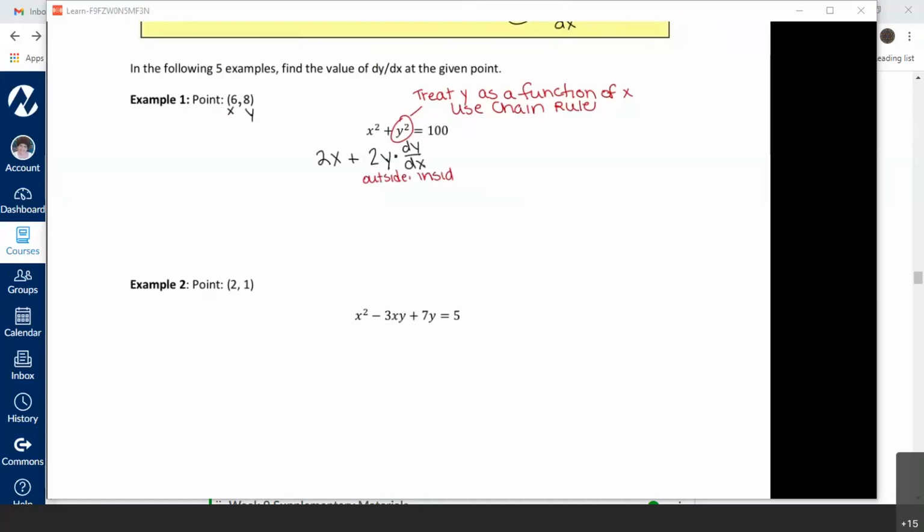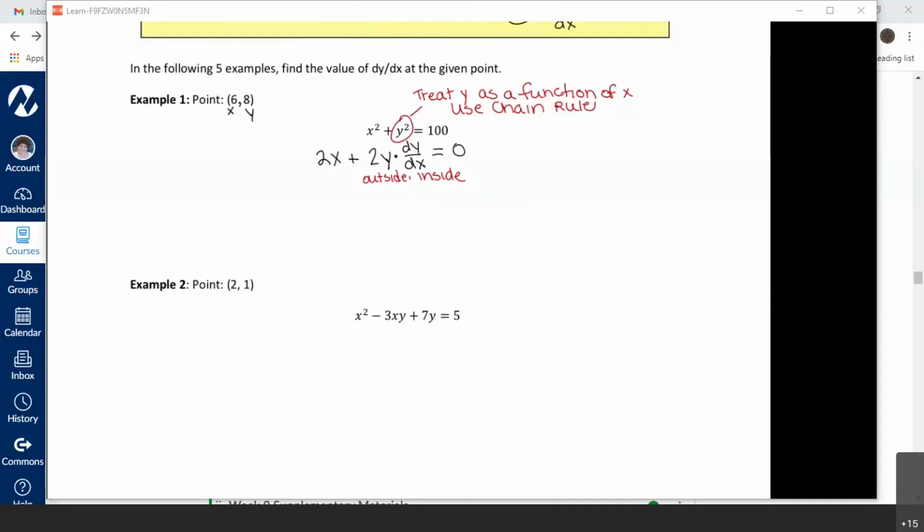Hopefully everybody remembers the chain rule. So that's using the chain rule. I have to differentiate both sides of this equation, because I wasn't able to solve it for y. So the derivative of 100 is 0, because it's a constant. And that, folks, is implicit differentiation in a nutshell.